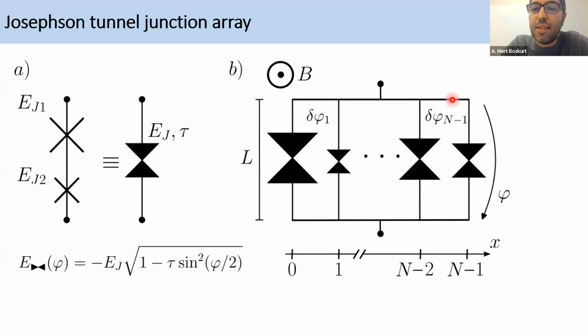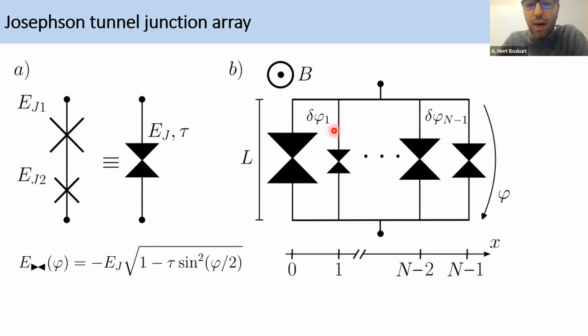At the end, I can apply a phase difference across these two terminals. So this is really a Josephson tunnel junction array, but each arm is two tunnel junctions in series, which is an effective SNS junction, giving us an effective SNS junction energy phase relation. And the phase difference is used for breaking time reversal symmetry.